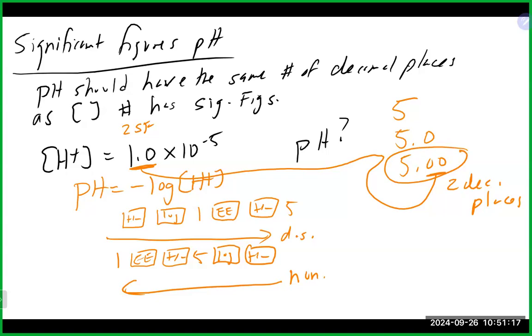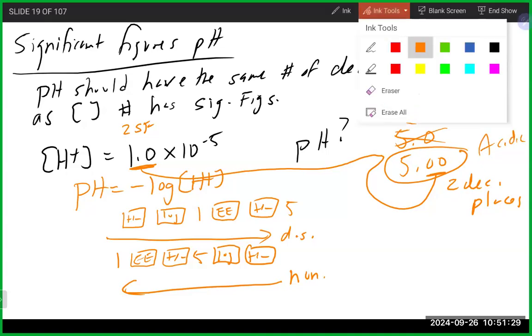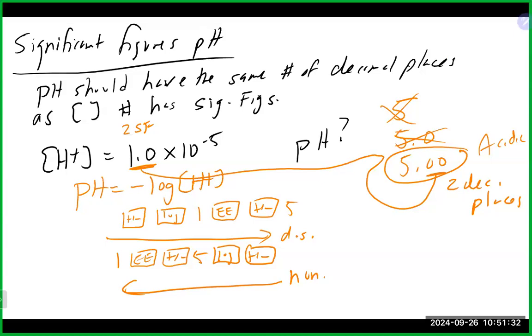Question on that there. By the way, acidic, basic, or neutral on this guy? This is acidic, right? It's less than 7. So the pH is less than 7, which means it is acidic. Also, by the way, if you have 1 times 10 to the whatever, it will always be equal to the exponent if you take the log of it.